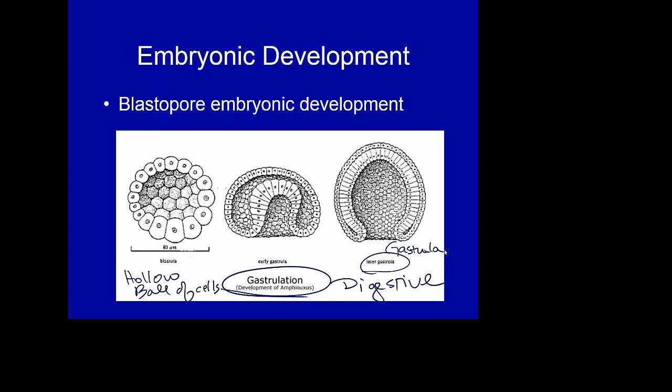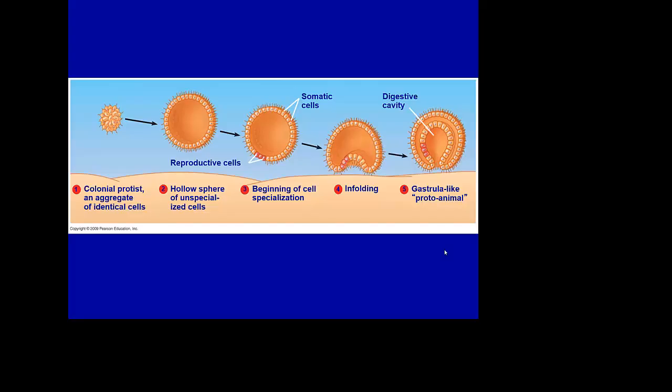Now, if you remember, when we focused on this sort of development before, we looked at the development of this early digestive cavity, and really, this organism could be anything at this point, right? So what we need to think about is how we then develop into a further body plan from this.